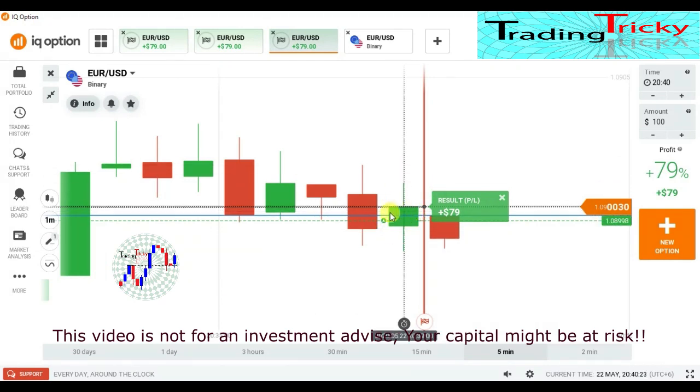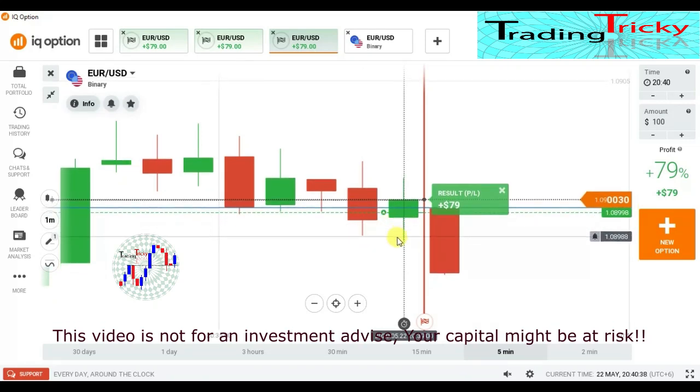Sometimes if you place a lower option you will face this kind of loss, but this is only 10 to 20% of the time. If you place 10 trades, you will lose only one or two if you follow sellers, but if you follow buyers, you will face 20% winning maximum.